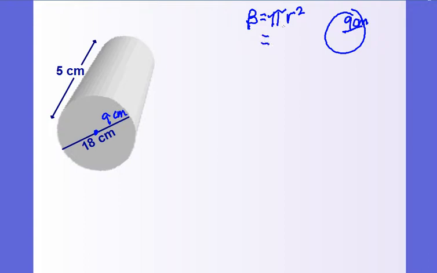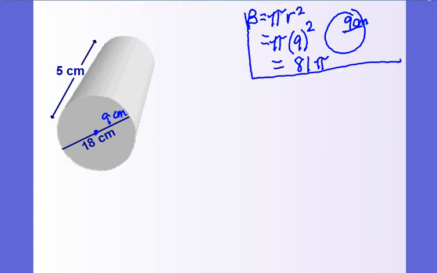So to find the area of my circle, I have pi, I'm going to insert my radius where r is, and I'm going to square it. Remember, that means 9 times itself. So this is going to be 81 times pi. There's the area of just the circle, pi r squared.